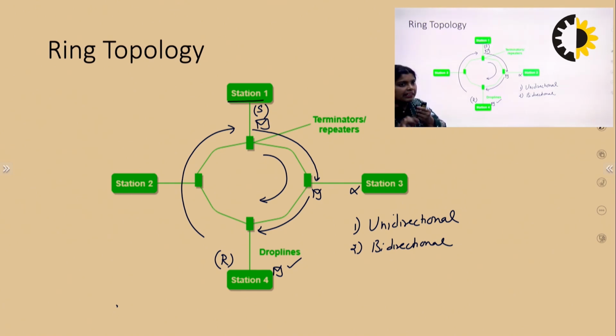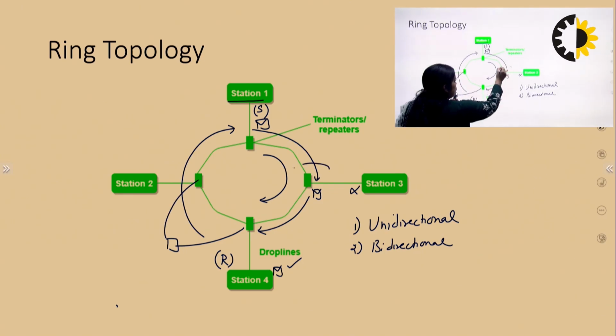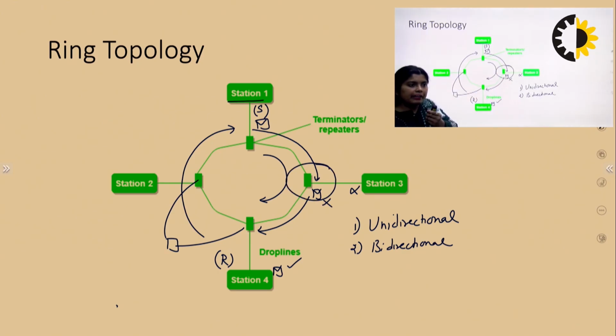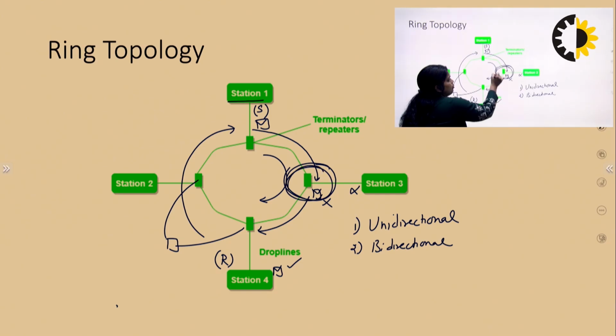If I need one node to be added in this ring topology, I only need 2 cables, so we can connect this node. That is okay. But just imagine if one node is damaged, what will happen? The whole system will be damaged because the ring will be disconnected.